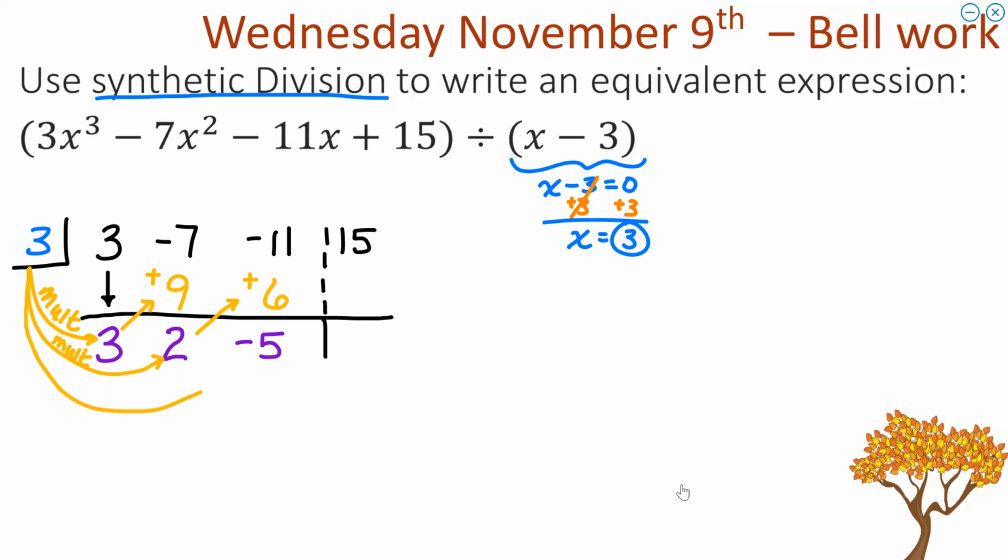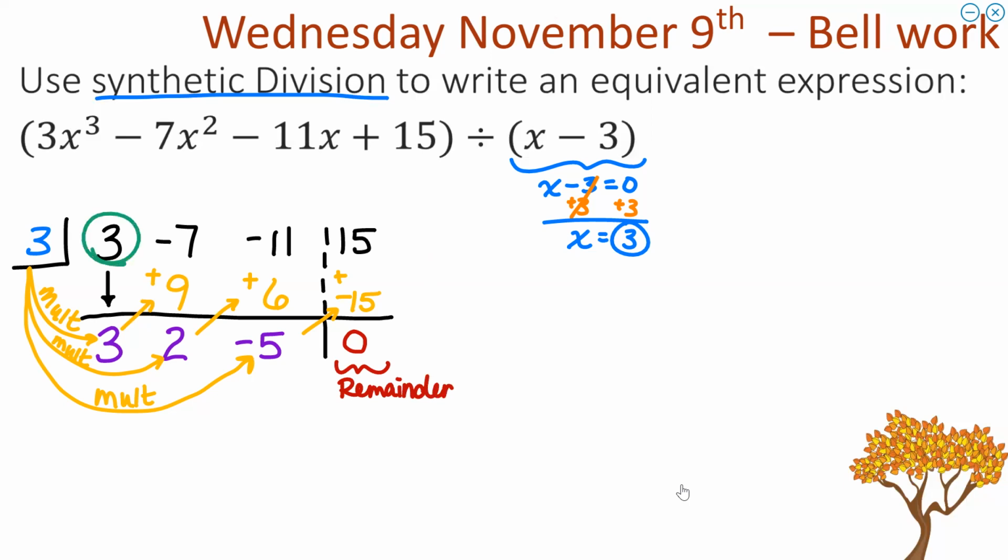Yep, I have to multiply this one now. 3 times -5? -15. I add it with the value up above, and what happens? I get a 0. And what do we call that 0 there? That is my remainder. So we have a 0 remainder here.